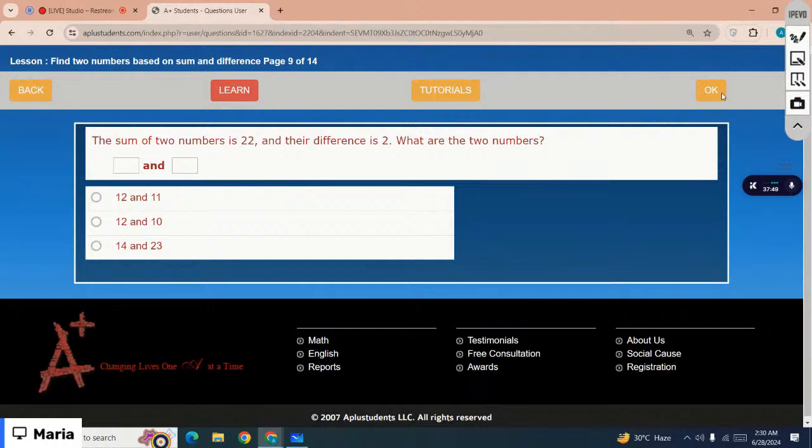The correct option is, yes, that's option number two. 12 and 10: when added it makes 22 and when subtracted it makes 2. Very good. The correct option is option number two.